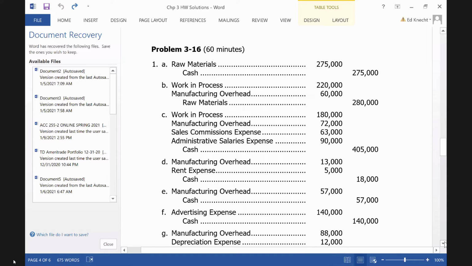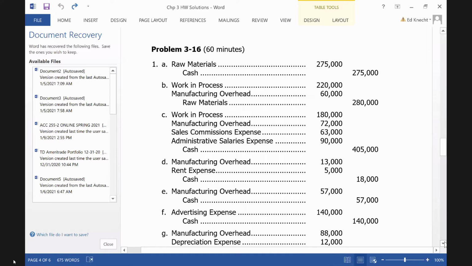I want to emphasize that because people get used to doing machine hours and direct labor hours, and then all of a sudden they come across a problem where it's dollars divided by dollars. And you're absolutely right. Dollars divided by dollars, you get a percentage. And since the estimated manufacturing overhead costs are greater than the direct labor costs, it's going to be higher than 100%.